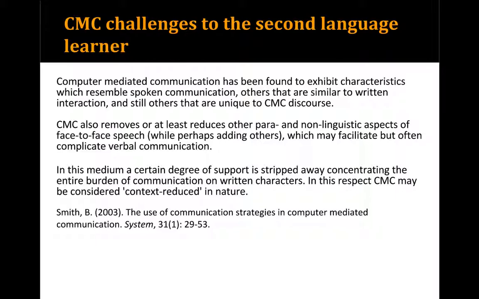There are inevitably some challenges in computer mediated communication, and this is partly because we find this breakdown between regular written material and spoken material, and we see that in certain situations, like this presentation here is much more formally spoken than it would be if I was just talking generally about this.